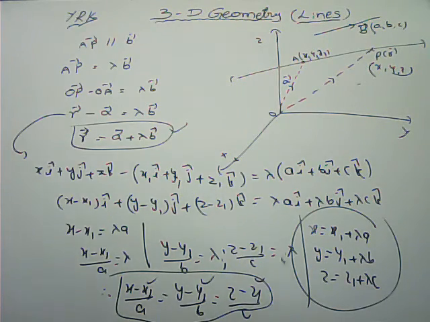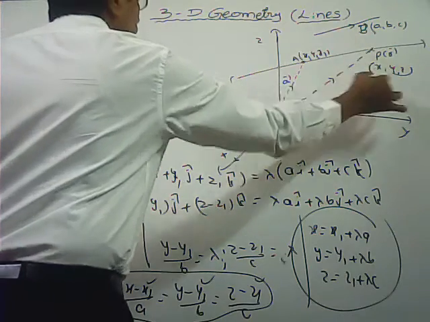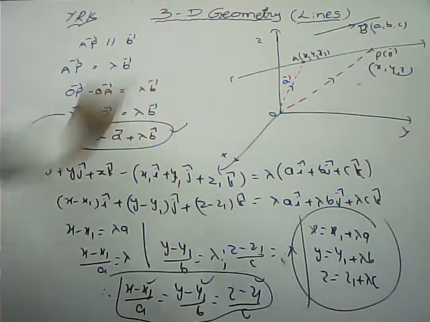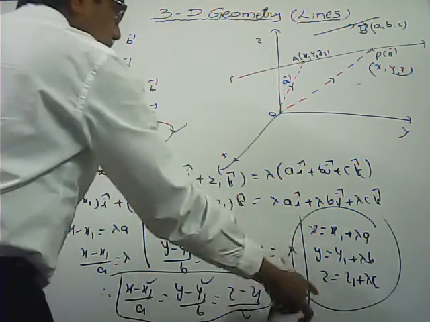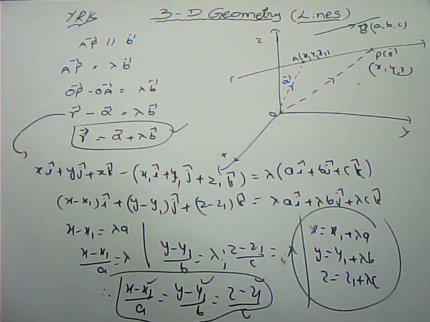Whenever we want any point on that line, x, y, z being any point on that line, we can take these coordinates, the parametric equations, depending upon the conditions. Now we will discuss some problems related to this concept.